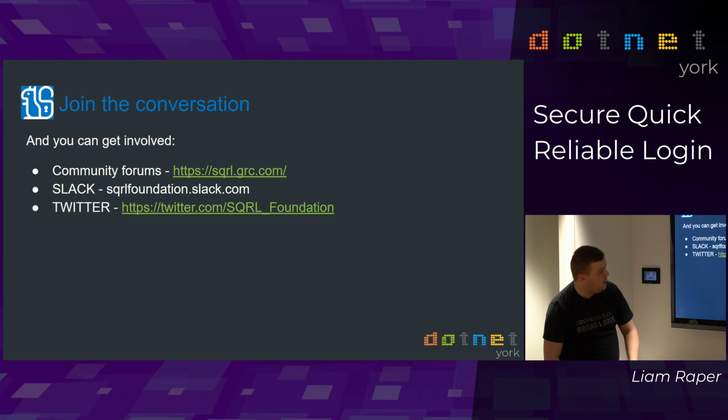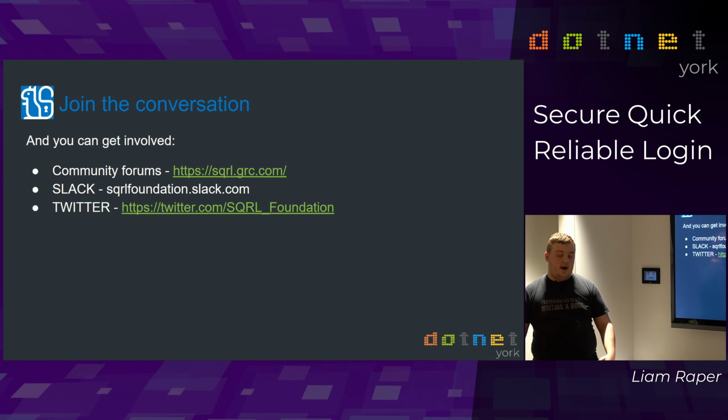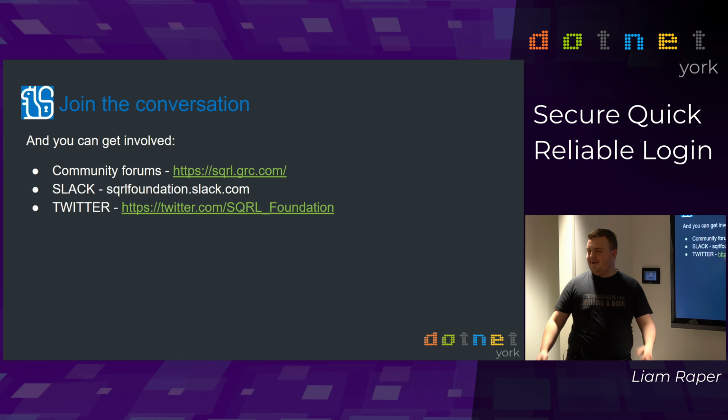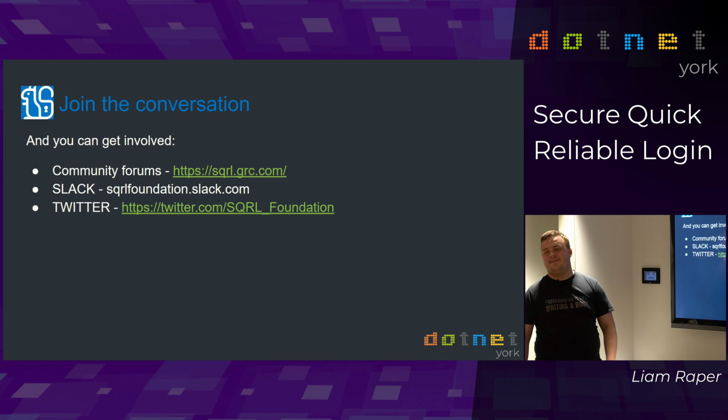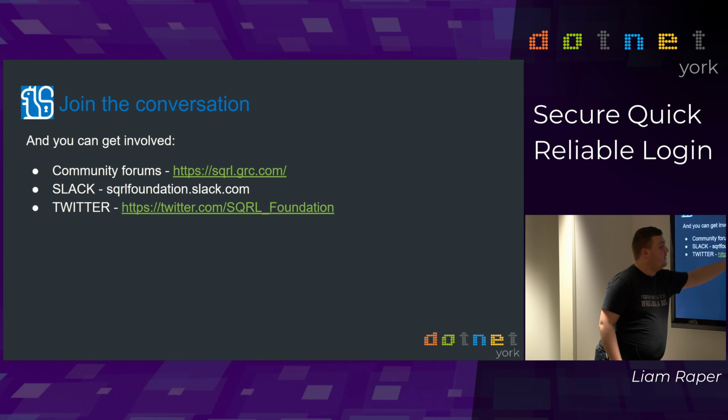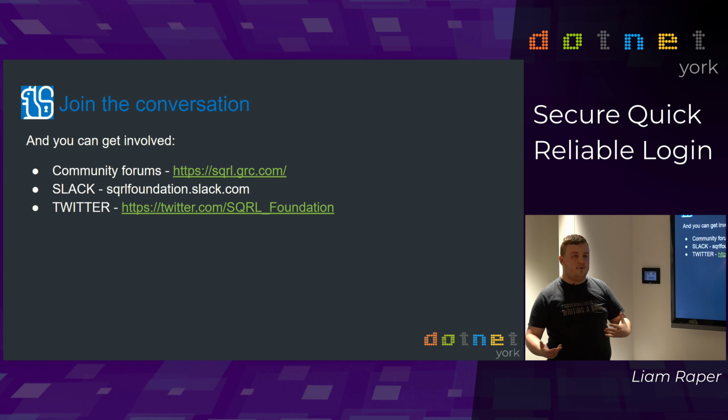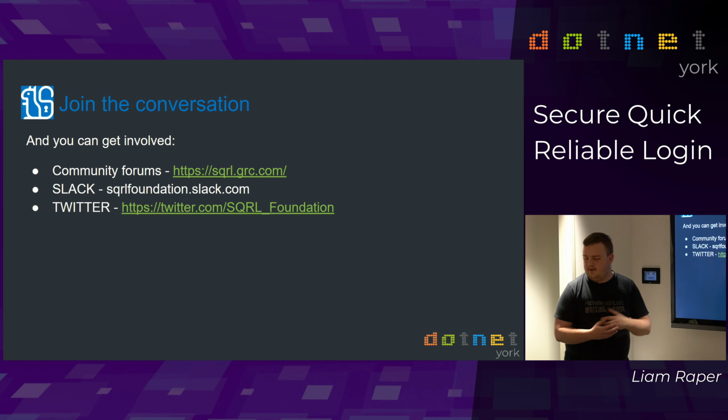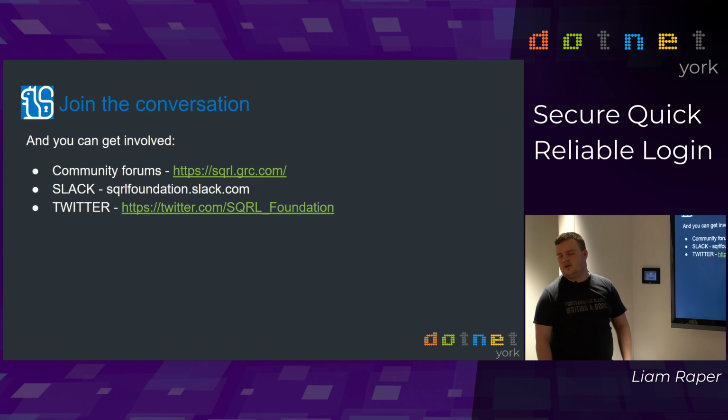And if you want to get involved with the Squirrel community or just ask questions, shout at us for doing things wrong, and then we'll have a good friendly discussion about why we think what we've done is actually secure and right. You can obviously go to squirrel.grc.com for now. That's a forum where there's lots of posts and things. Really good community, really friendly, really helpful.